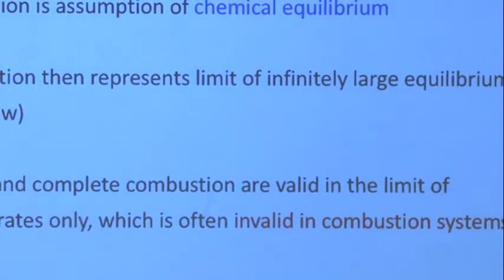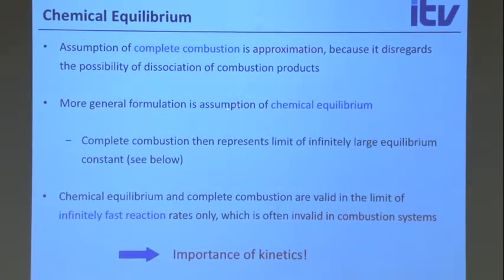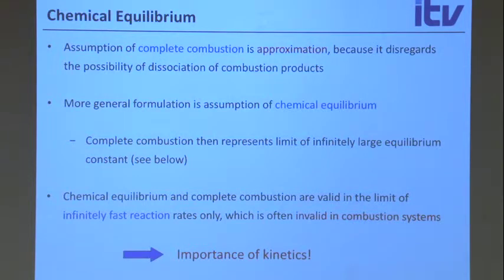So for now, we assume complete conversion. Chemical equilibrium is a more general formulation. It assumes infinitely fast chemistry, but not complete conversion. Infinitely fast chemistry in the sense that in order to reach equilibrium, you need to wait for an infinitely long time, or you make the chemistry infinitely fast.